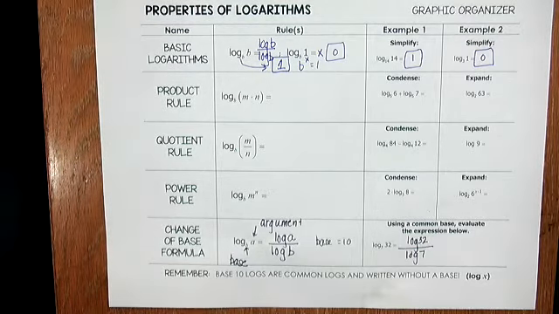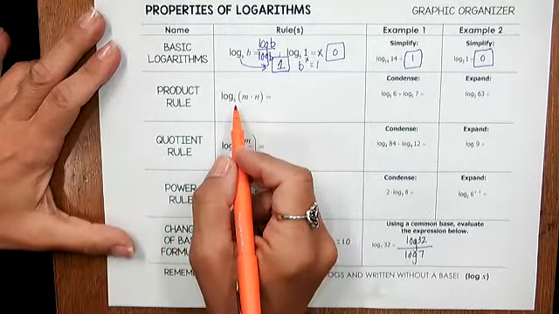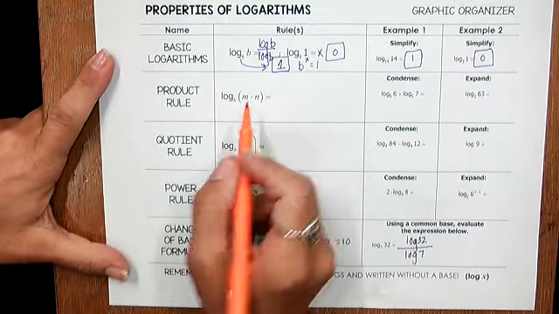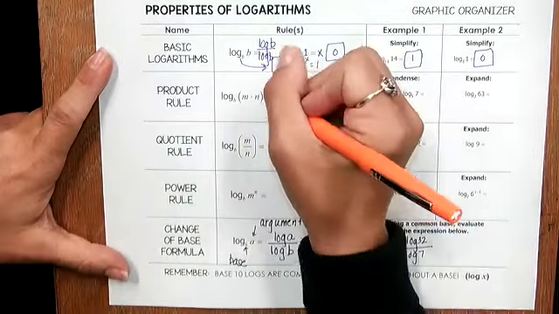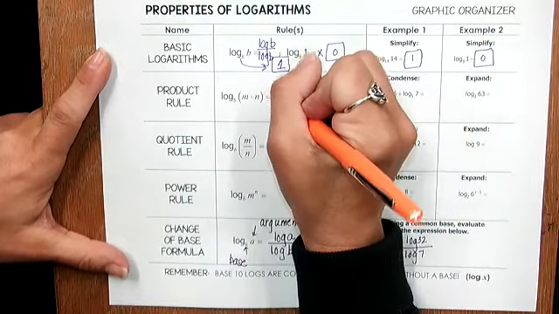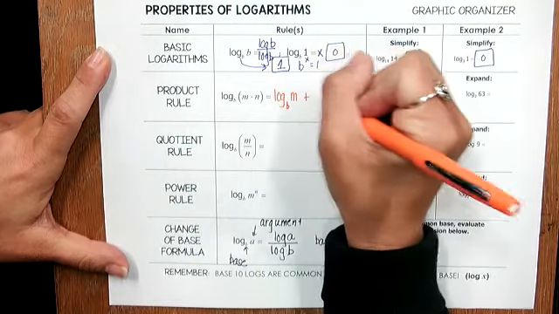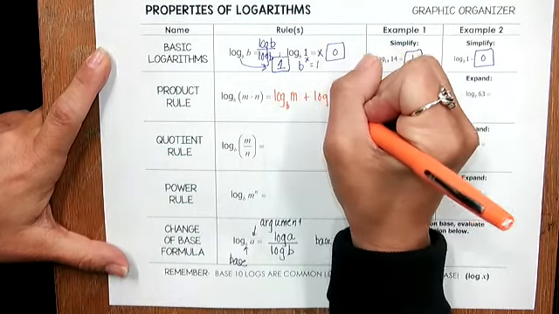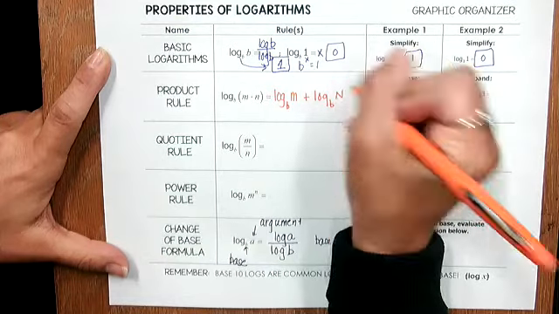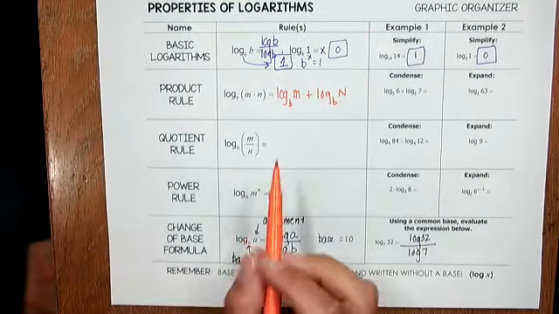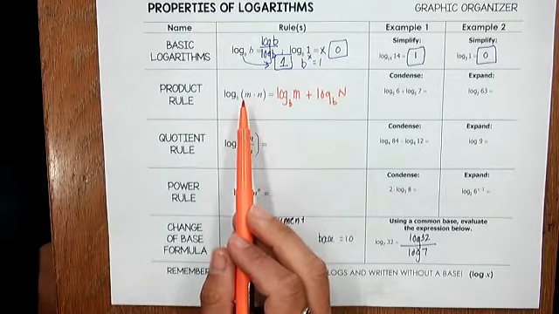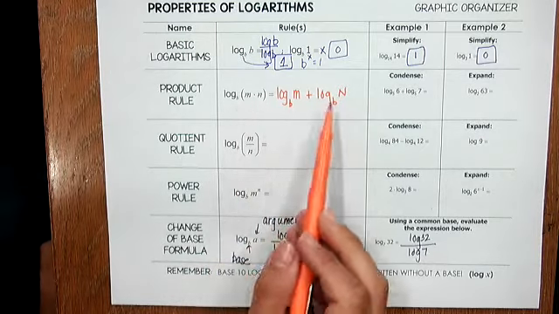Okay. Product rule. Multiplying m times n. This is the log base B of m plus the log base B of n. Product rule says if you have an argument and it's multiplied, you add the logs.